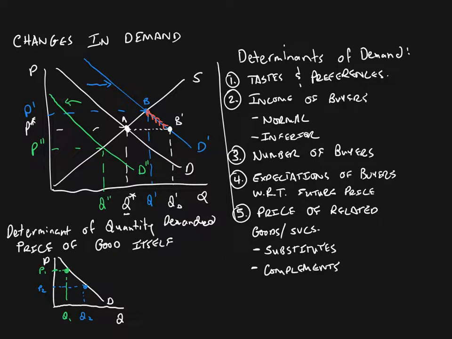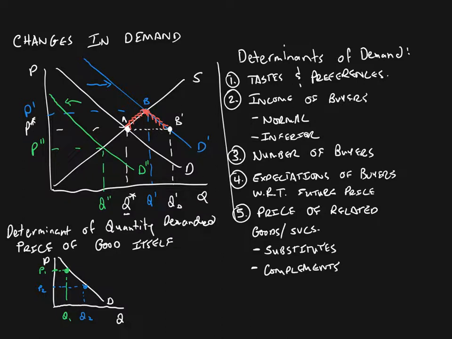Now, at the same time, as the price is rising, sellers want to sell more. And they're going to sell more until the price gets to P prime. And once you get to the price P prime, now buyers want to buy the same amount that sellers want to sell. So again, we reach an equilibrium.